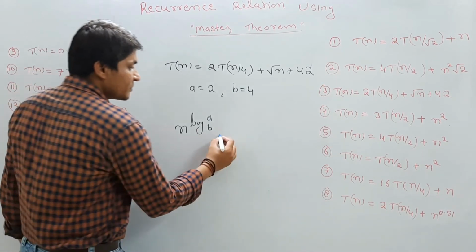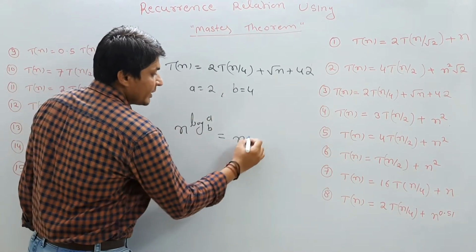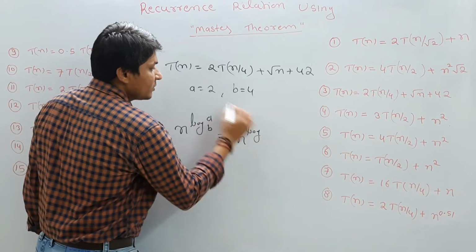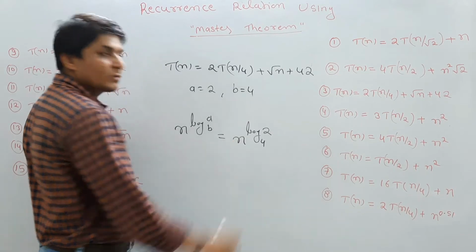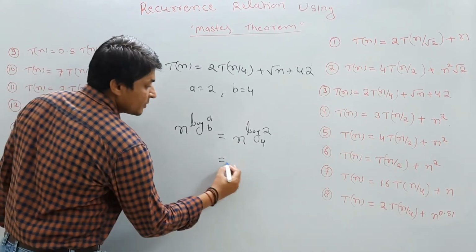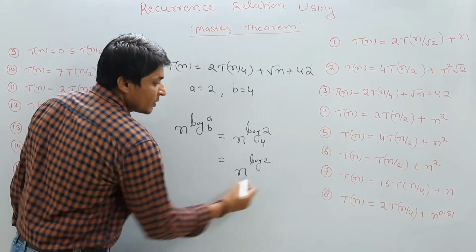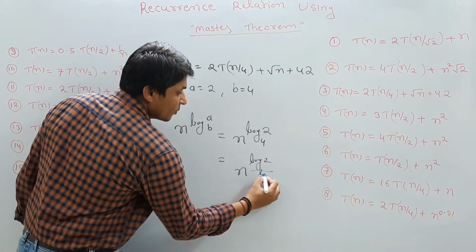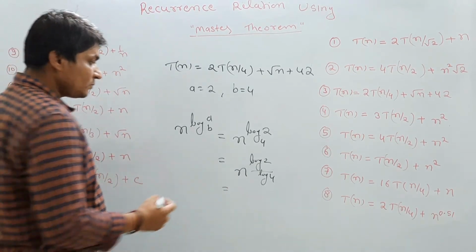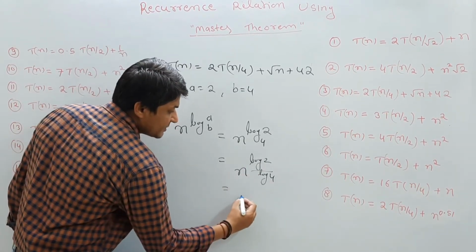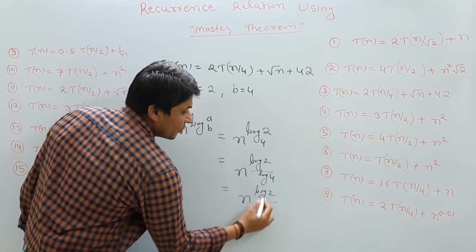Correct? So if you substitute the value of a and the value of b, it will become n raised to power log 2 base 4. Now if you further simplify, it is going to be n raised to power log 2 upon log 4.